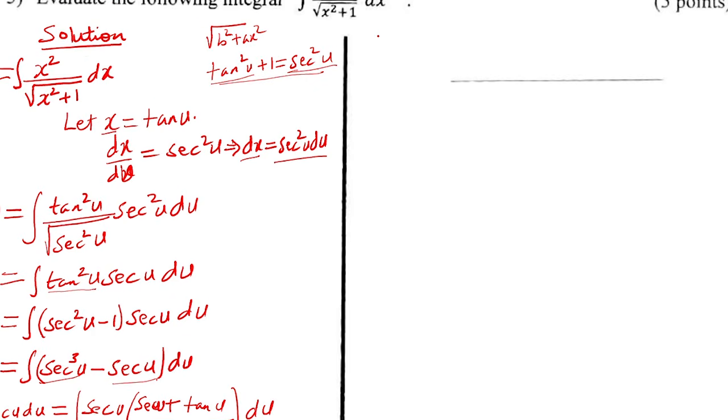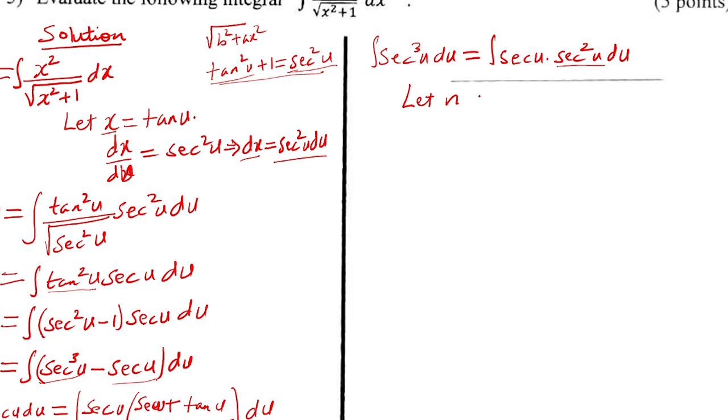So the integral of sec cubed u du. Here we need to write this. Look, sec u times sec square u du. We know the antiderivative of sec square u, because the derivative of tan is sec square.